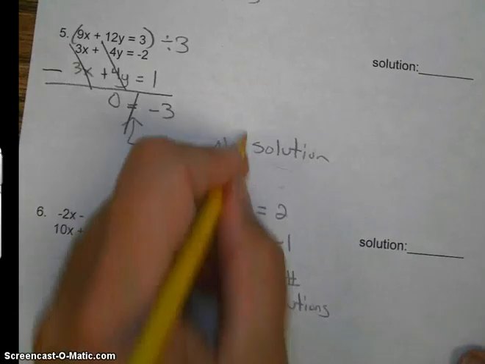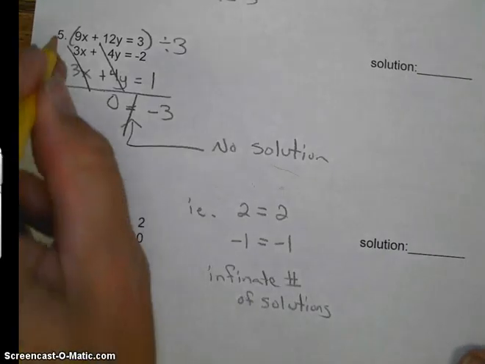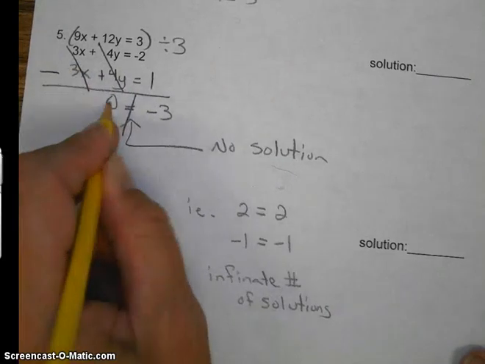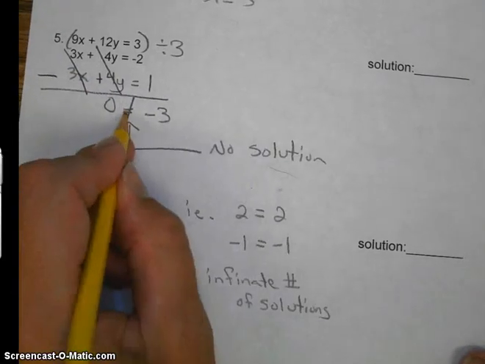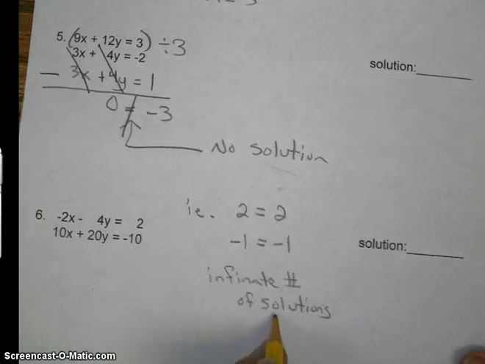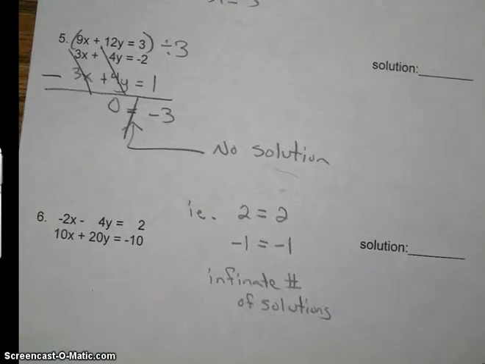These are the oddballs, okay? The variables cancel, both of them, and you're left with just numbers. False statement, no solution. True statement, infinitely many solutions. Yay, we got it.